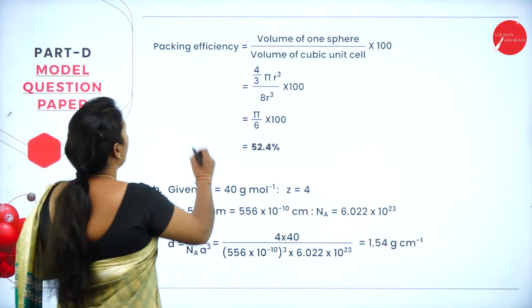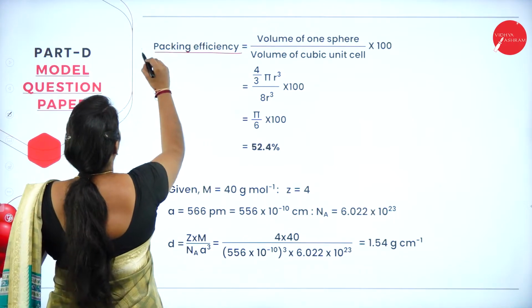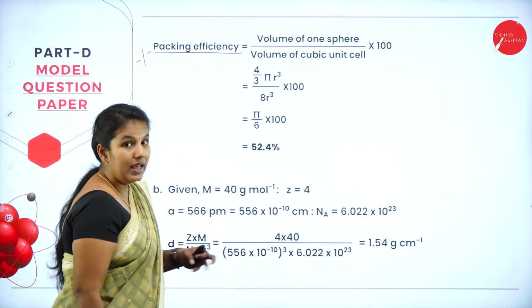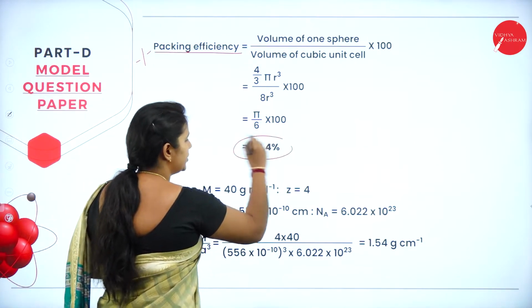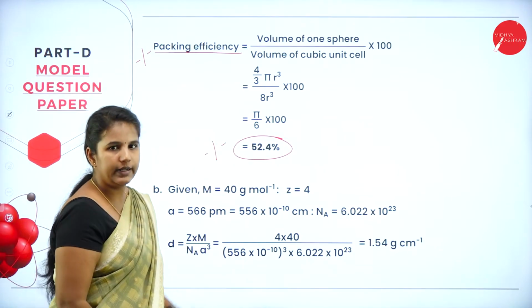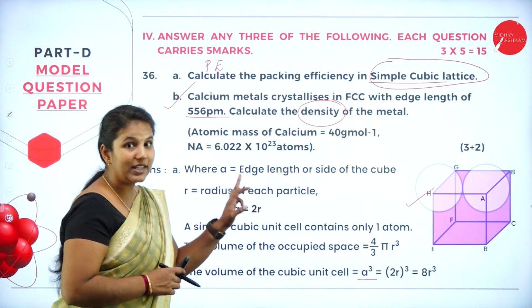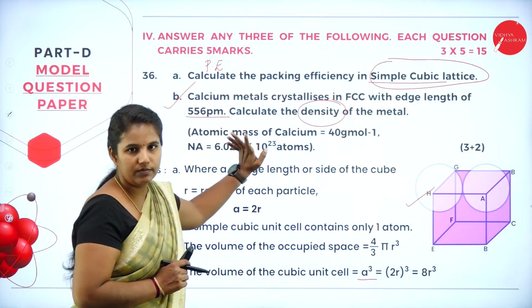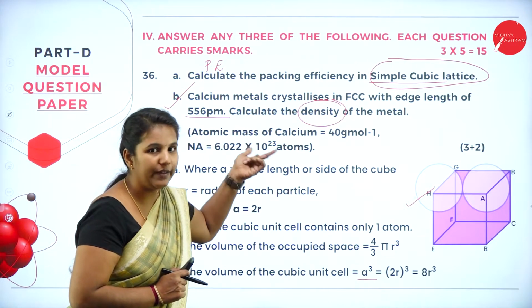Then if you write the packing efficiency formula, you will get 1 more mark. If you write the proper percentage, for that also you will get 1 mark. The substitution and all will carry 1 mark. Like this, they will allot the 3 marks for the first question. So how do they allot the 3 marks for the packing efficiency?